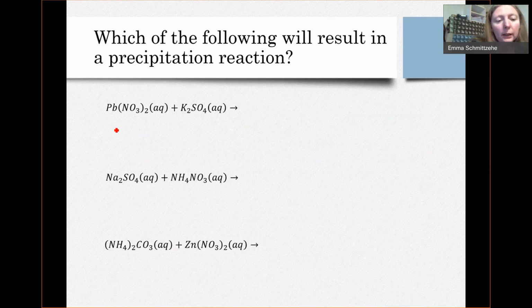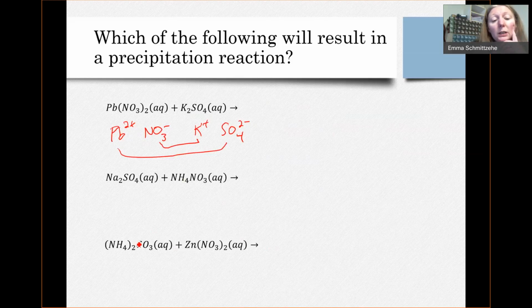And so again, you look at the ions. You have Pb2+, you have NO3-, you have K+, and SO4 2-. So you've got to be able to break down ionic compounds into their ions properly, and then pair them back together. If we pair these together and these together, what do we get?